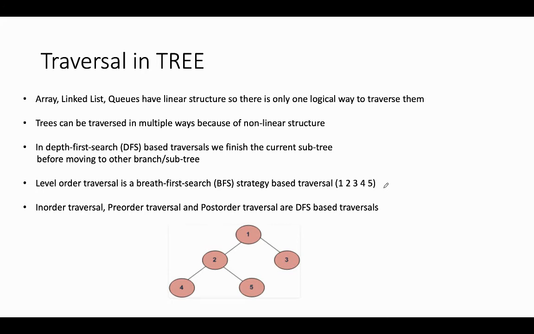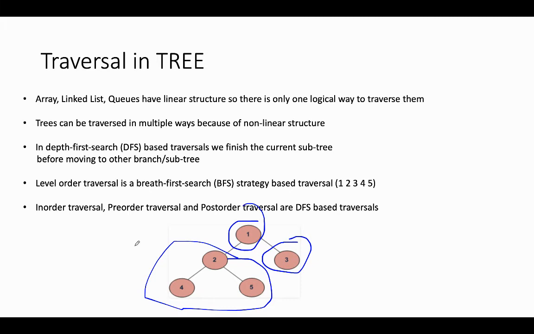In the case of depth first search based traversals, we finish the current subtree before moving to another branch. So this is our left subtree, and if we are traversing this part, then we'll first finish this one, then we will go to either the right subtree or we'll go to the root. So that is the DFS based strategy.